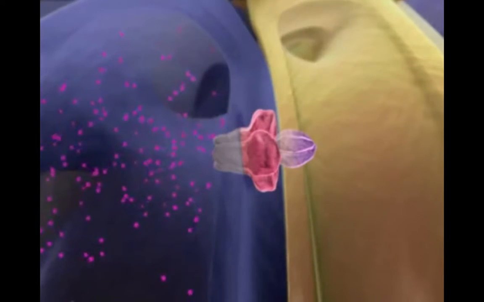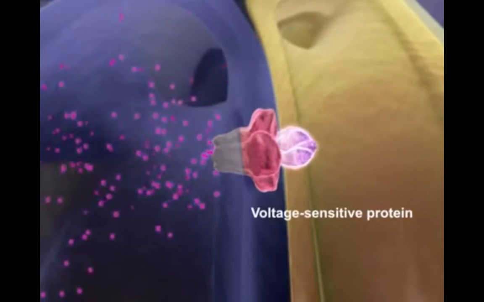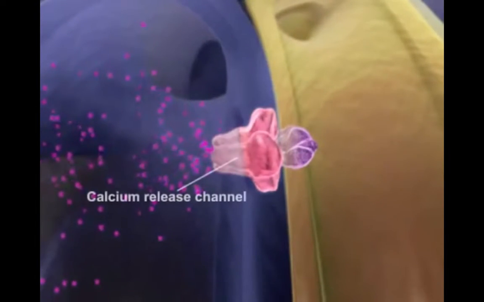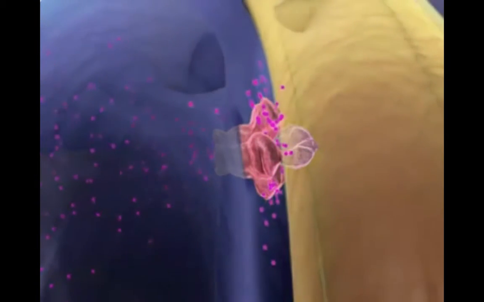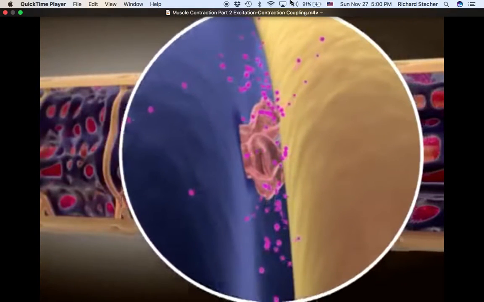As an action potential travels down the T-tubule, it causes a voltage-sensitive protein to change shape. This shape change opens a calcium release channel in the SR, allowing calcium ions to flood the sarcoplasm. Okay, quick note, bear in mind that calcium was the same ion that allowed the end of the neuron to release its neurotransmitter, and now we're seeing it again, being stored up in the sarcoplasmic reticulum by the billions and billions, and when that calcium is released, it's also what is causing our muscles to contract.